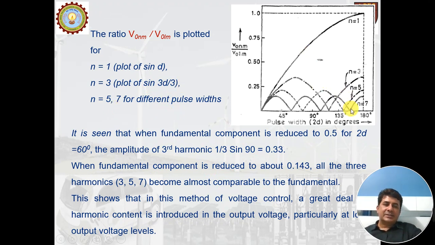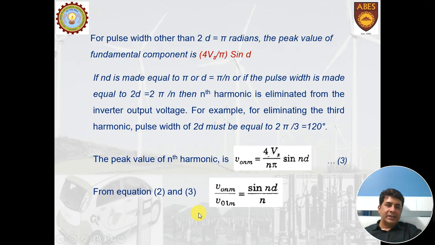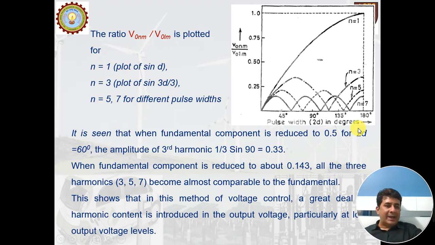Now let us see, because by this I would like to give an analysis. Let us say that for this quasi waveform, the width 2D is kept as 60 degrees. That means D is 30 degrees, so sine D will be sine 30 degrees, which is 0.5. So the fundamental component will be reduced to 0.5.